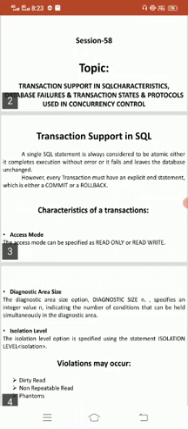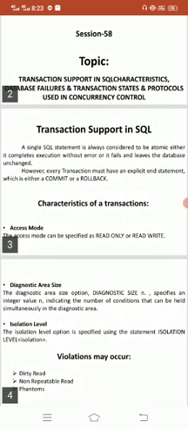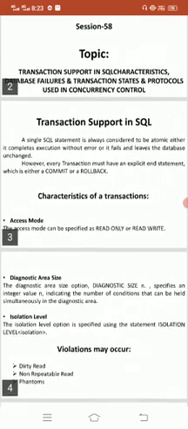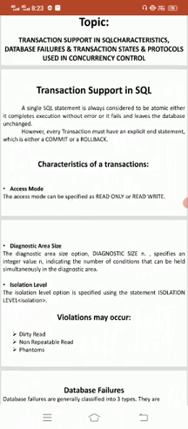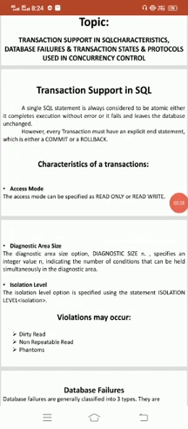Every transaction has certain characteristics attributed to it. These characteristics are specified by a set transaction statement in SQL2. There are three types: the first is access mode, the second is diagnostic area size, and the third is isolation level.